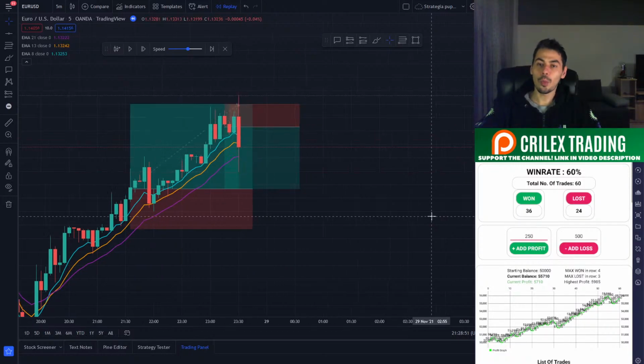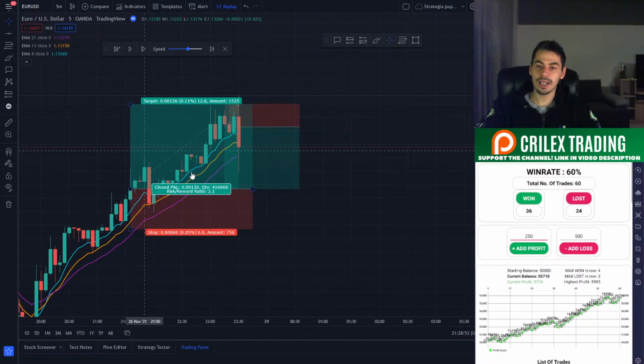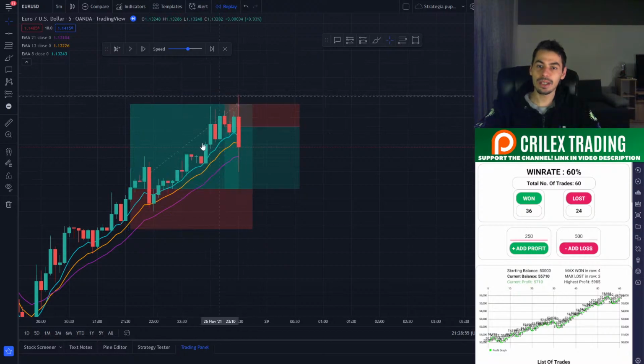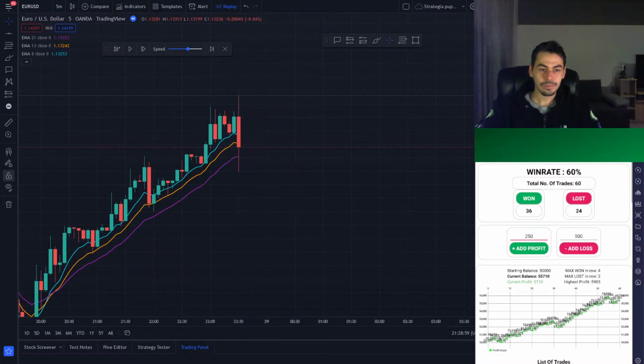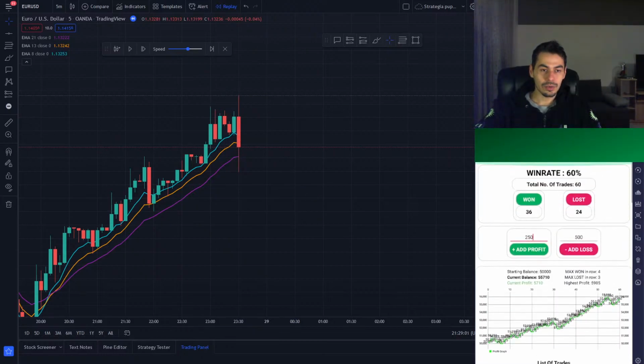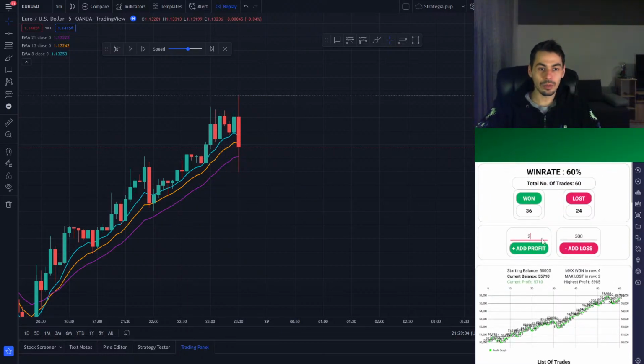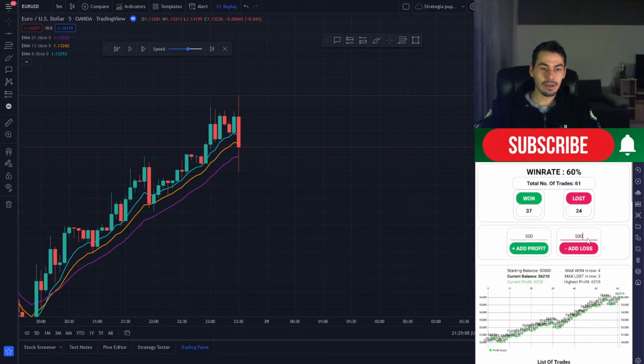Again, we are risking 0.25 on this one, and this one has no risk on the table. As you can see, we take a full win, so that's not bad. I added the 250, and I will also add the $500 profit. And I will subtract the hedging, which is 0.5%.